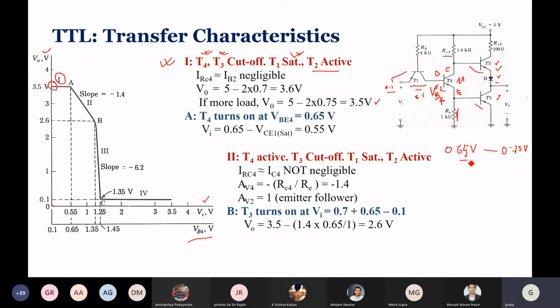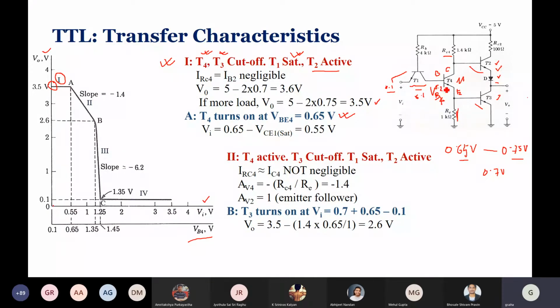And 0.7 volt sits somewhere in the middle when it is in the active region. So T4 turns on at VBE4 of 0.65 volt and very negligible current. I mean, it has just turned on, so very negligible current is flowing here.